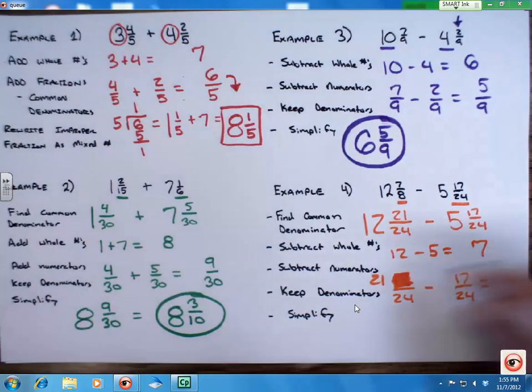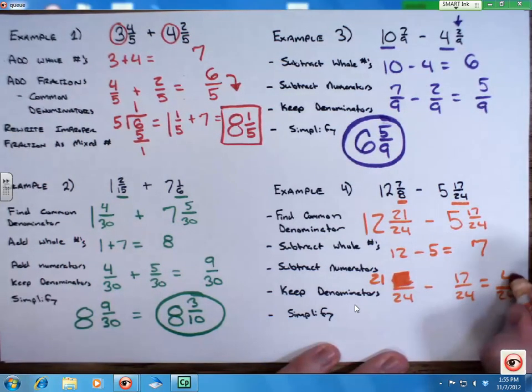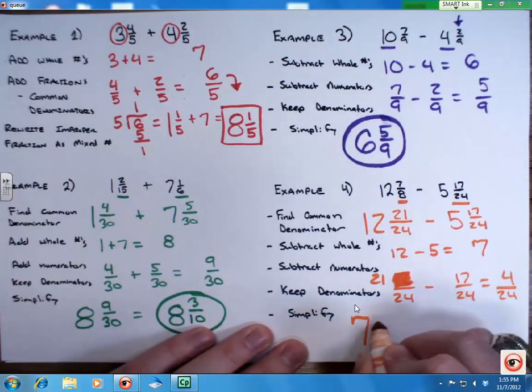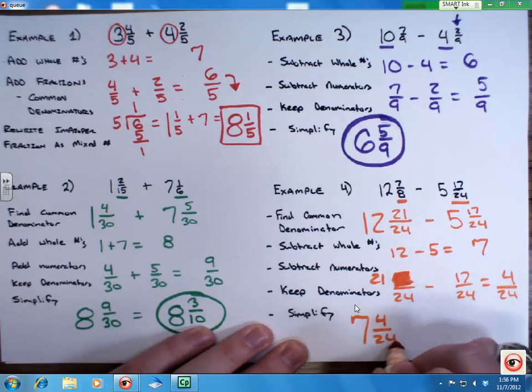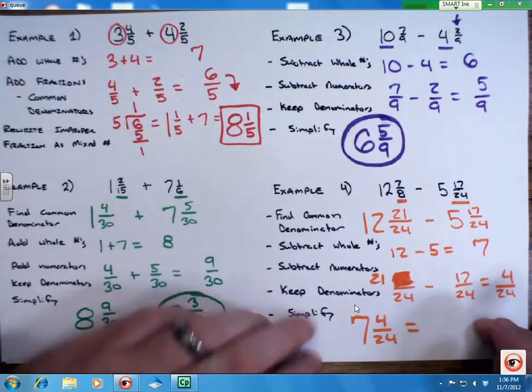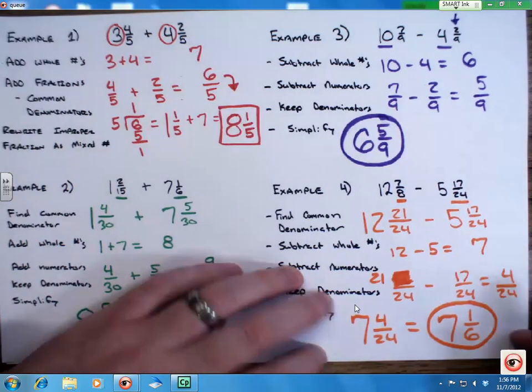Well, what's 21 minus 17? Yep, so it's going to be 4 over 24. Now I have to bring my 7 back down here. So I'm going to have 7 and 4 over 24. Well, what is that going to simplify to? Yeah, 1/6. So this is going to be 7 and 1/6. And that, ladies and gentlemen, is my final answer.